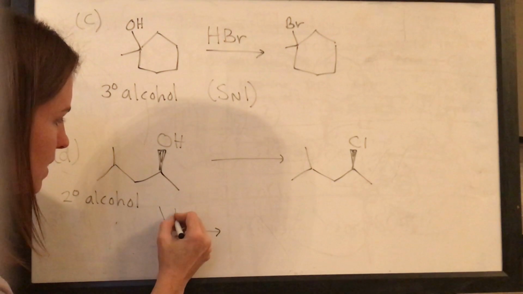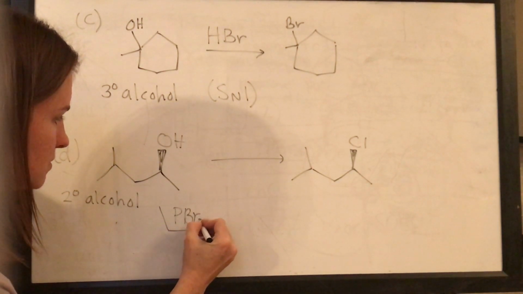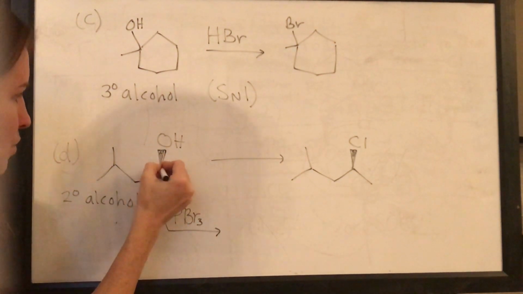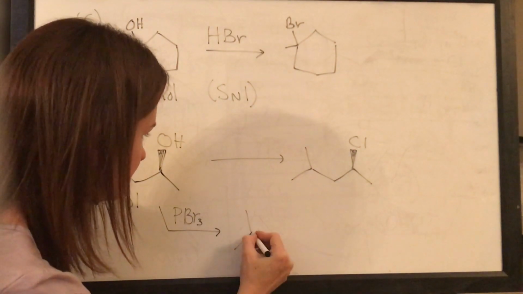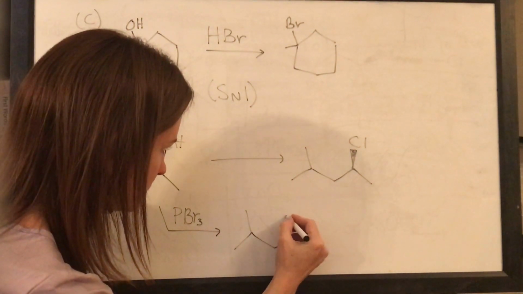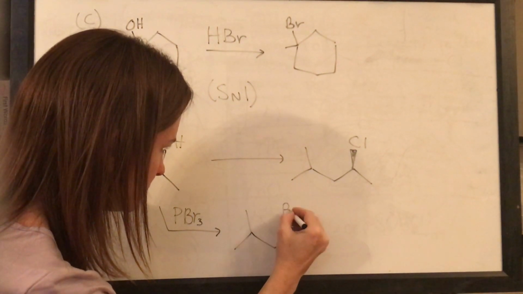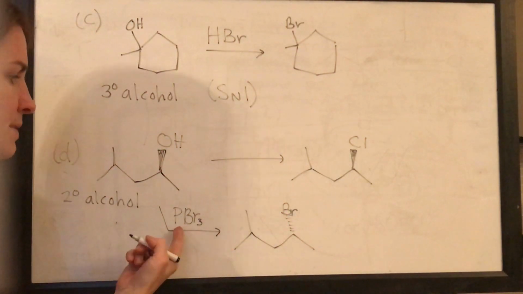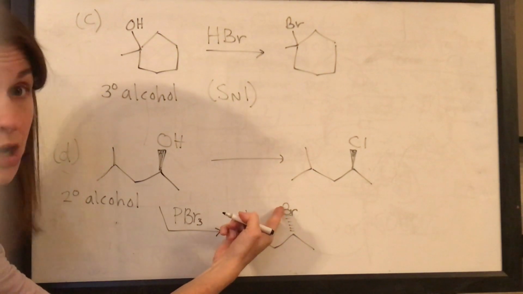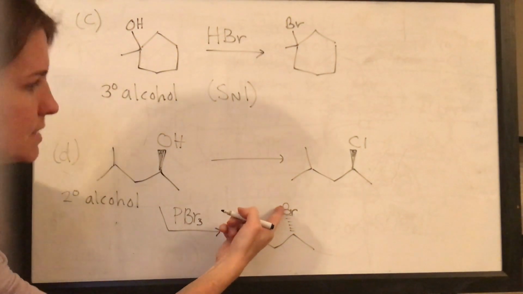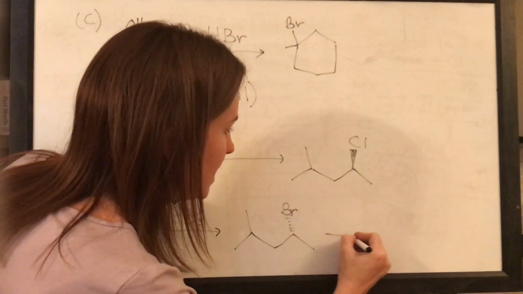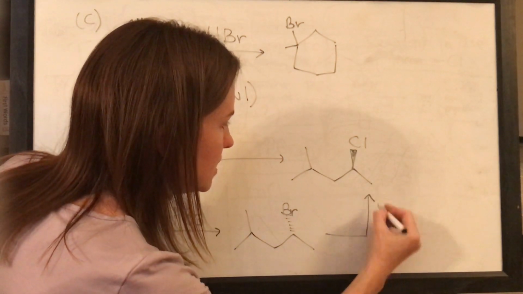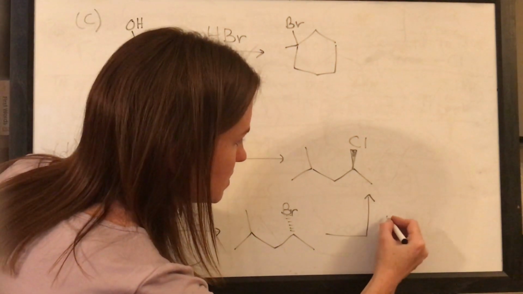For example, we could use PBr3, and that would flip this from a wedge to a dash. That would be a Br. And then I want to flip it back again, but by using PBr3, I've turned this into a good leaving group, so I can still do an SN2 reaction on that. I would just want to make sure I use conditions that are going to give an SN2 product, not an E2 product.